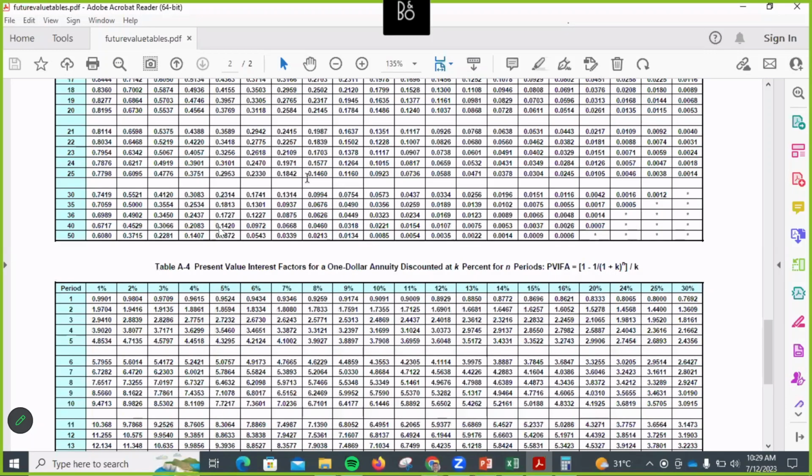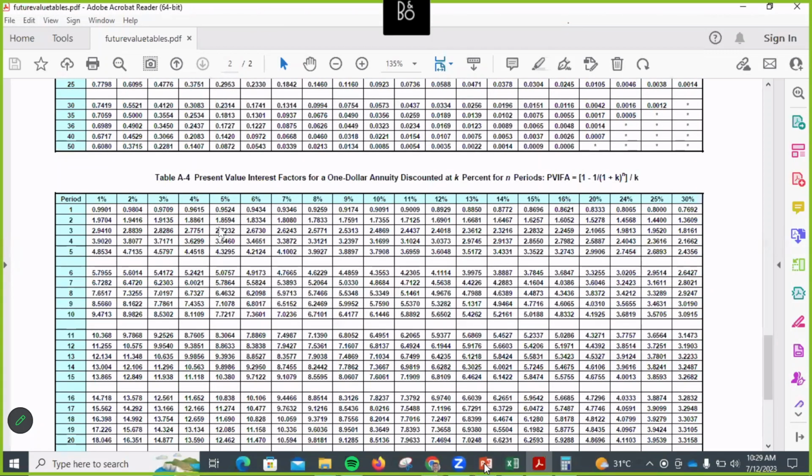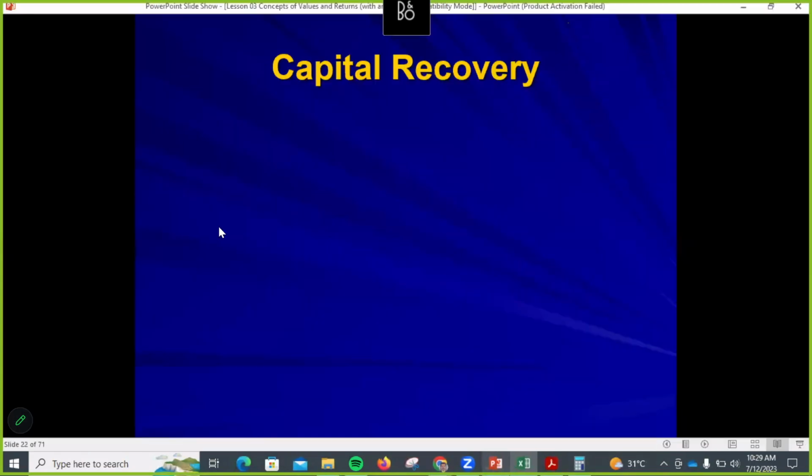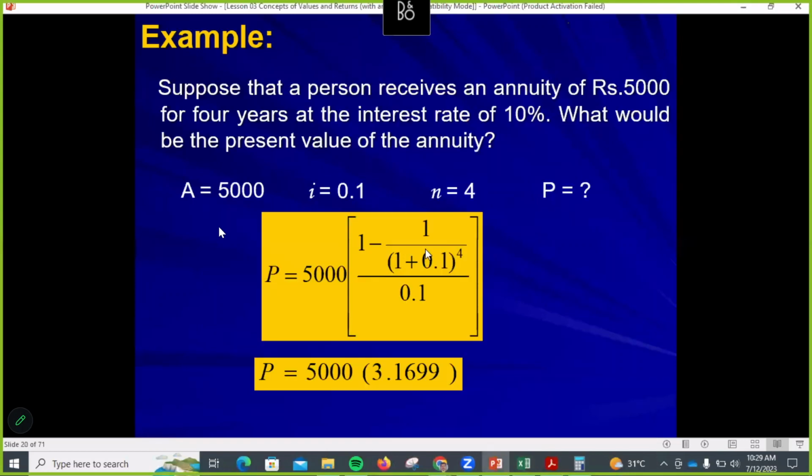So if you don't have these values, if you forget the formula, you can apply that method.